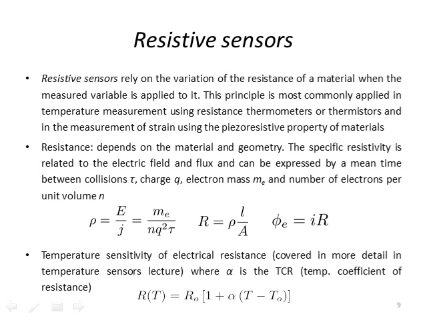For temperature sensors, typically we use metals that have a somewhat linear response to increases or decreases in temperature. And when we do that, then we can expand this in a first order polynomial, which is essentially R as a function of temperature is your base resistance R0 at the characterization temperature, or room temperature for example, plus alpha, which is the temperature coefficient of resistance, times T minus T0.